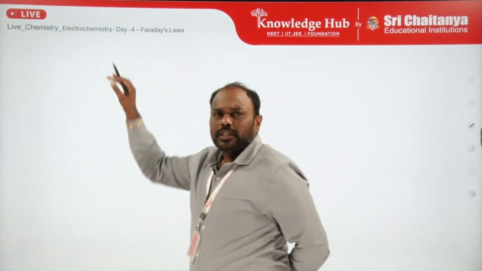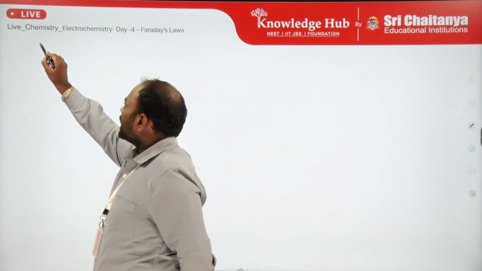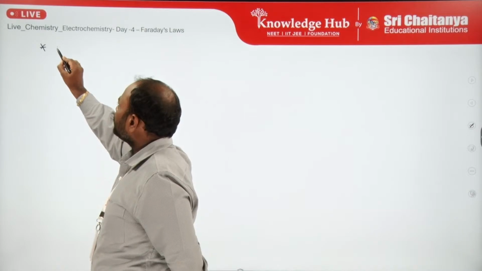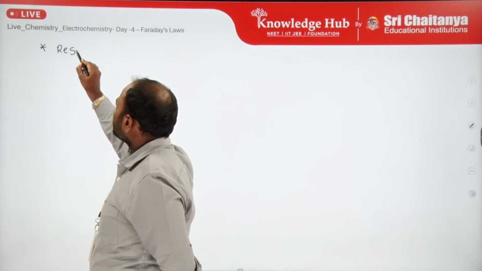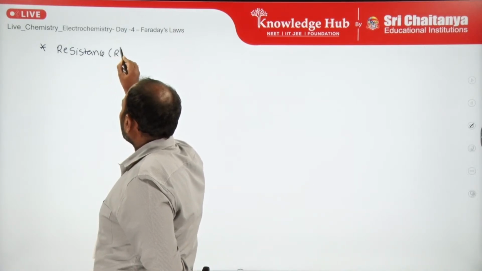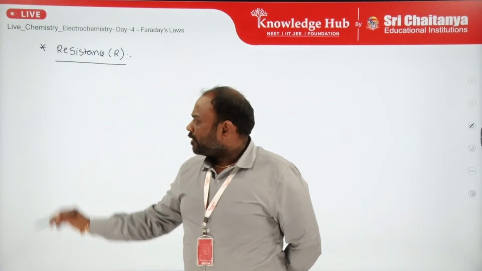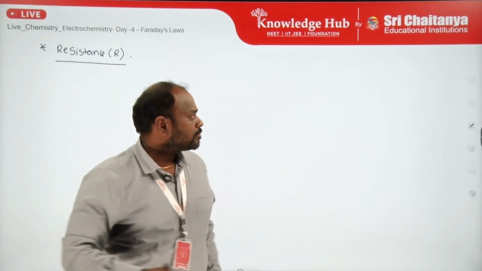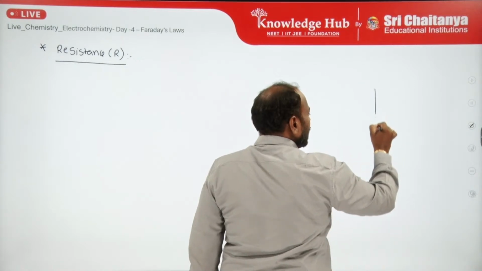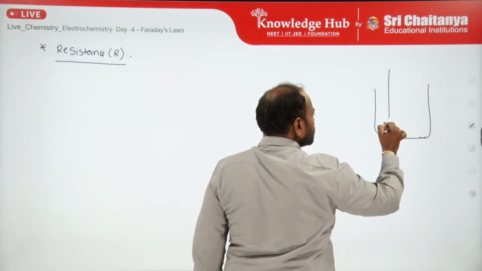Here all this concept is dependent on conductivity. So conductivity or conductance is explained with respect to resistance, capital R. Resistance is nothing but, here if you take an electrolytic cell, in the electrolytic cell 2 electrodes are used.